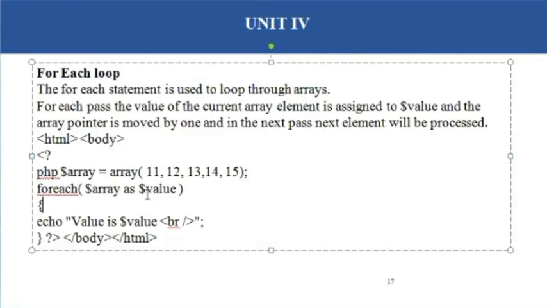So I use the foreach loop statement to access the values: array as value. Your value variable is first assigned the array value 11, next 12, 13, 14, 15. Through the echo statement we print the values. So the value variable accesses the values from the array. We use the foreach statement especially for arrays.